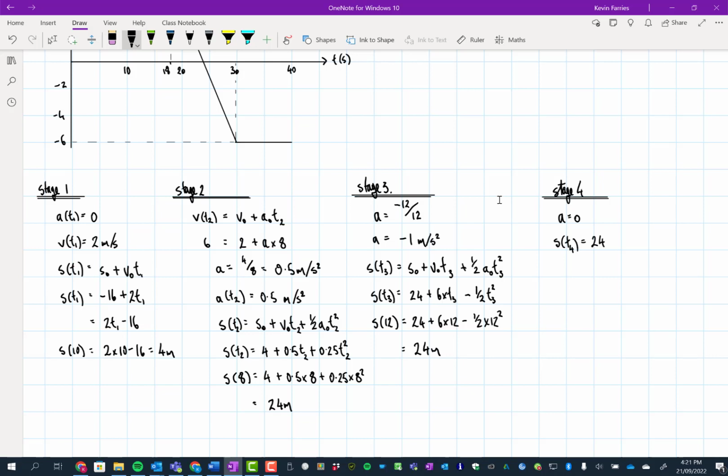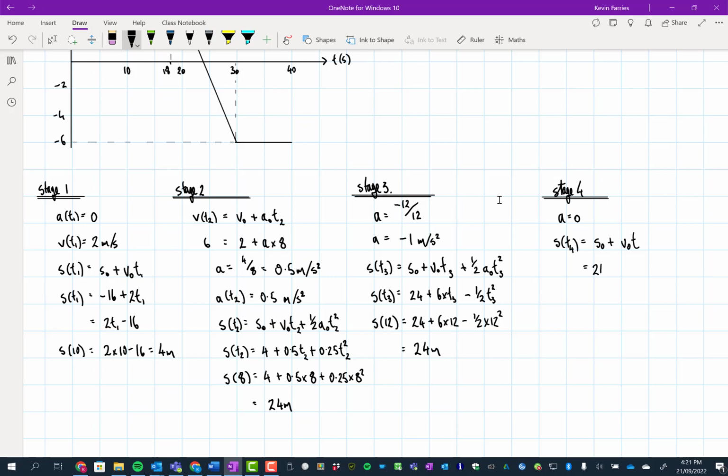Sorry, write out the equation first. The equation for constant velocity is the initial displacement plus the velocity times time, so v naught times t.